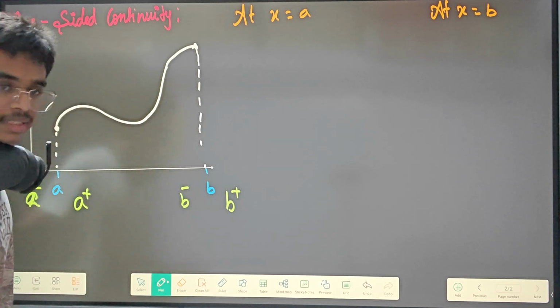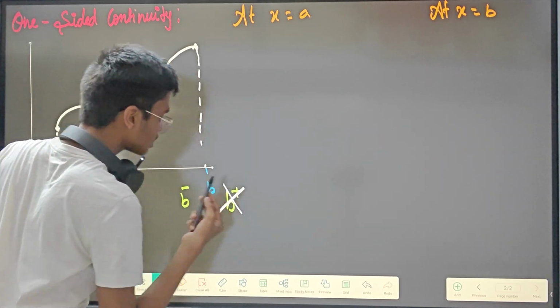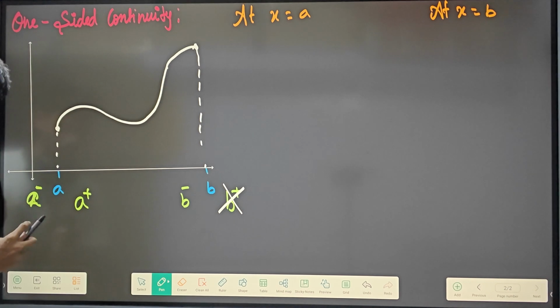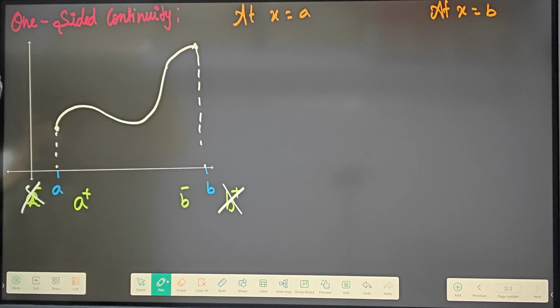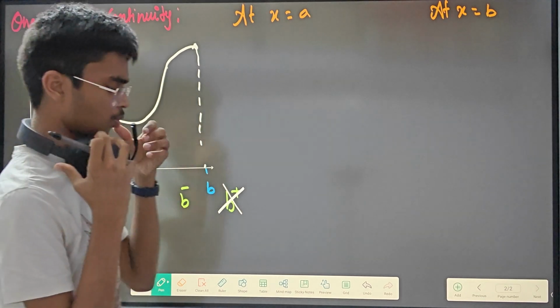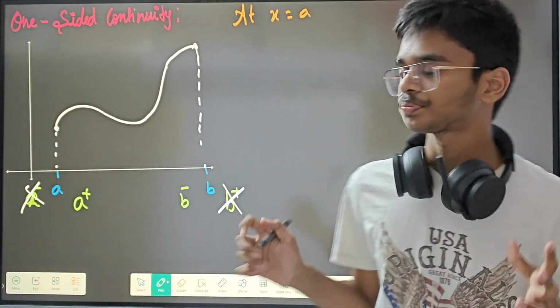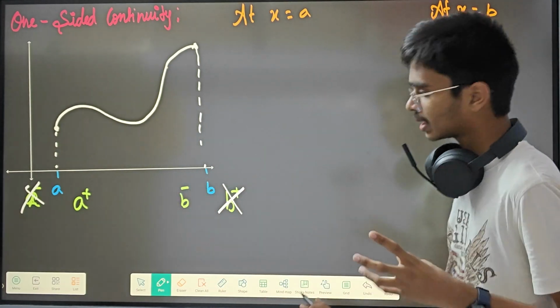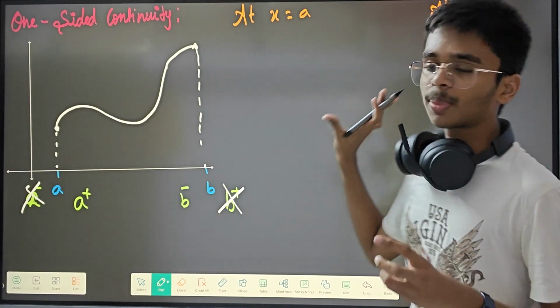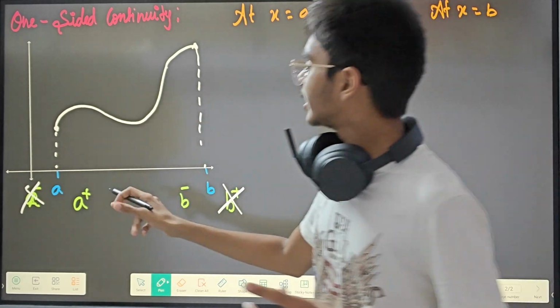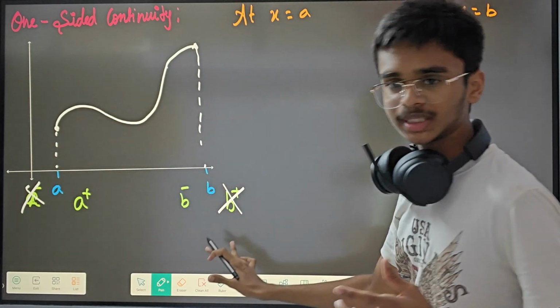So as I said earlier, you are not going to consider B plus and you are not going to consider A minus. Both of these points you are not going to consider. A plus and B minus you are going to consider. And also you are going to consider point A and point B.